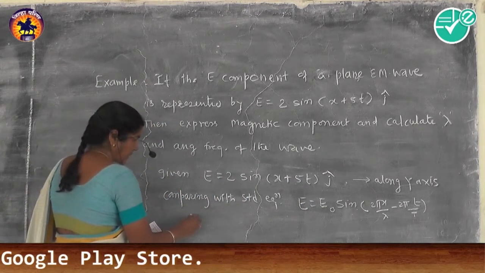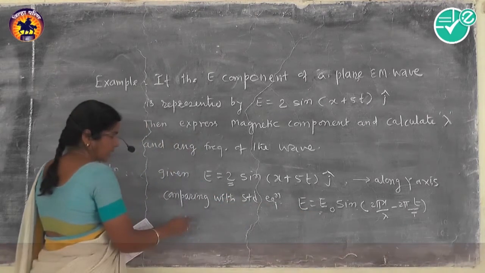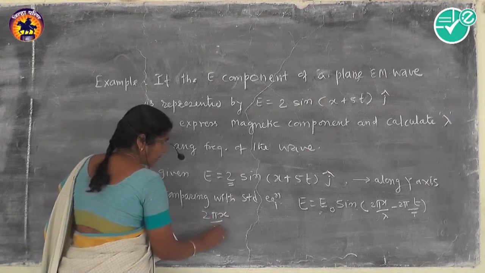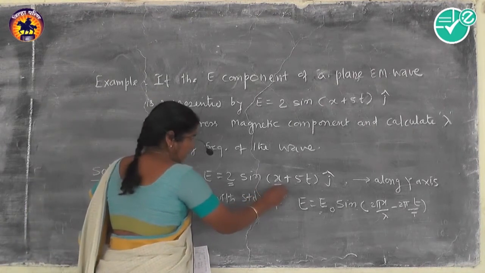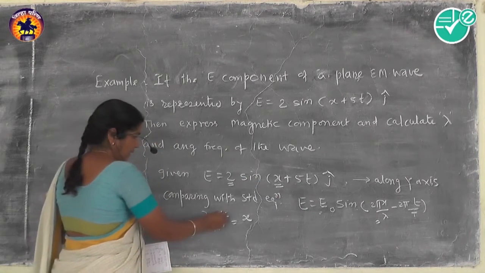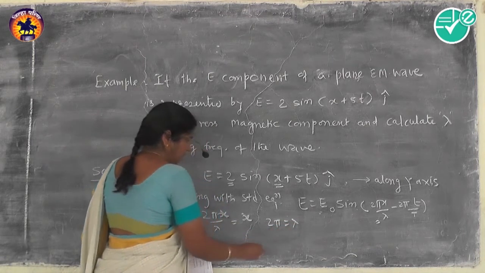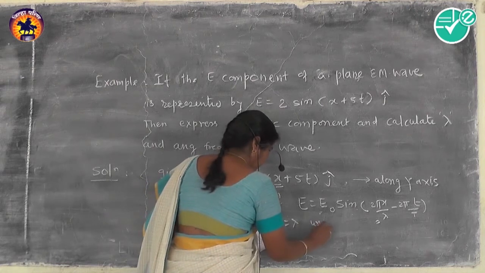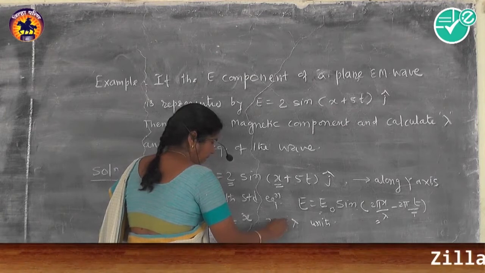So the peak value E0 is 2, and therefore 2 pi x by lambda is nothing but equal to x. The factors in the bracket are comparable, so x gets cancelled. 2 pi is equal to lambda units, or take the value of pi as 3.142.